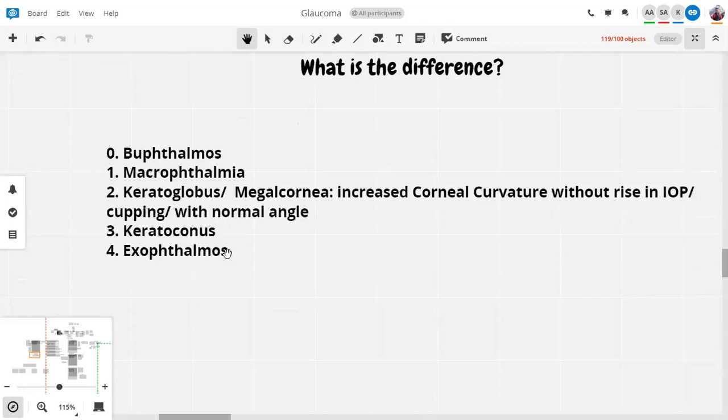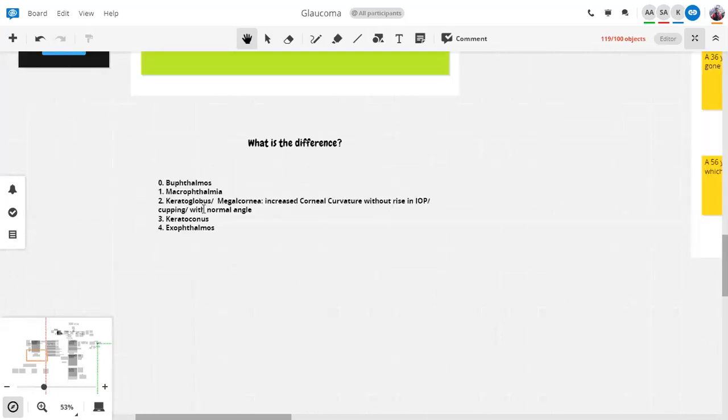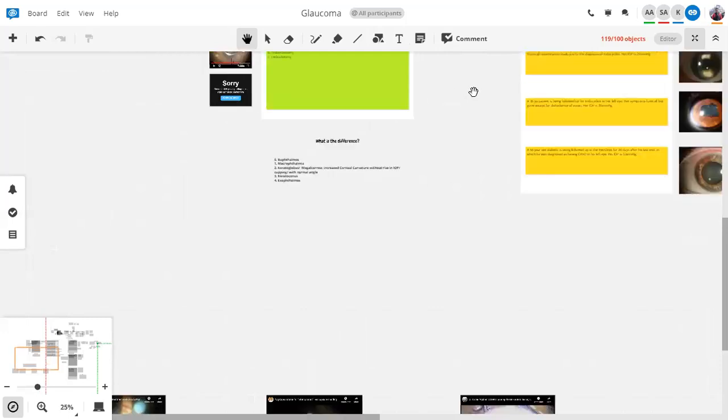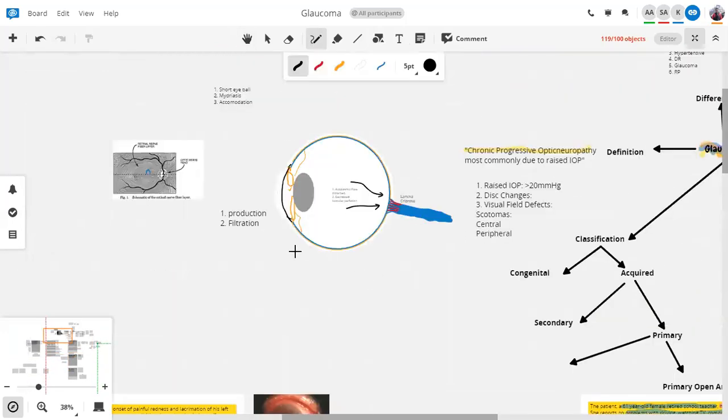Last is exophthalmos. Now what is exophthalmos? Exophthalmos is a protrusion of the eyeball. If this is our eyeball, normally only this much of the eyeball is outside the orbit, somewhere around this area. If more of this is out, meaning the eyeball has moved forward, that is called exophthalmos.